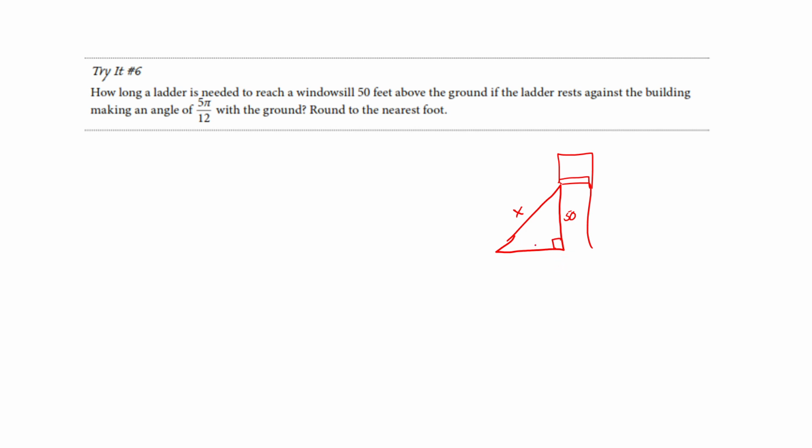Oh yeah, and they tell us this angle is 5 pi over 12. So we have the angle. Now you could do this in radians and work the whole problem on your calculator in radians, but I'm going to convert it.